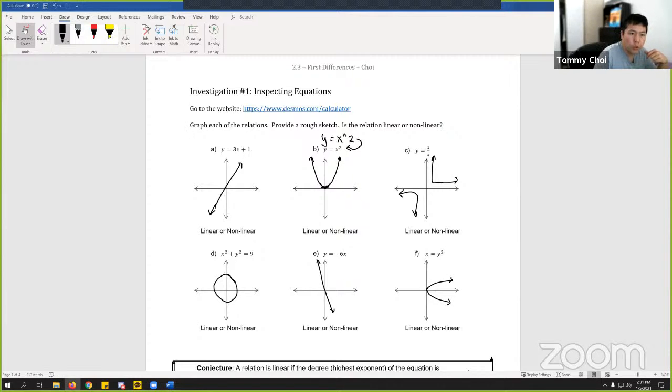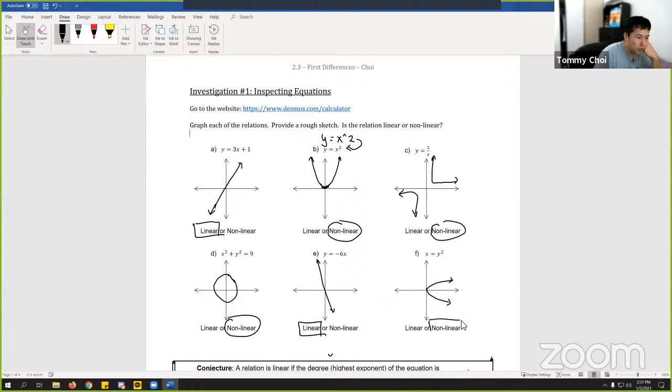Okay, so going through each one, let's take up each one here. First one, linear, nonlinear. It is definitely linear, straight line. Second one is nonlinear. Third one, nonlinear. Fourth one, nonlinear. Fifth one is definitely linear.